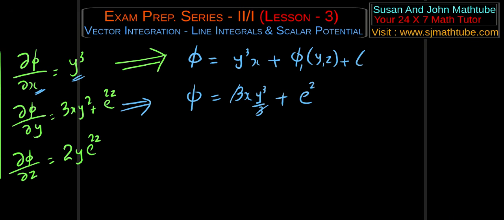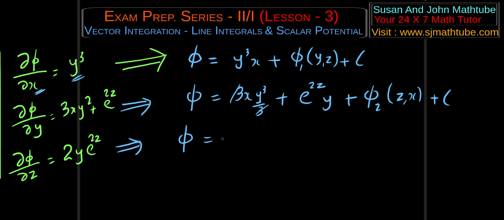Yeah, now this is a constant into y plus a function in z and x plus c. And the last one, phi is equal to 2y is a constant, e to the power 2z by 2 plus a function in x and y plus c.